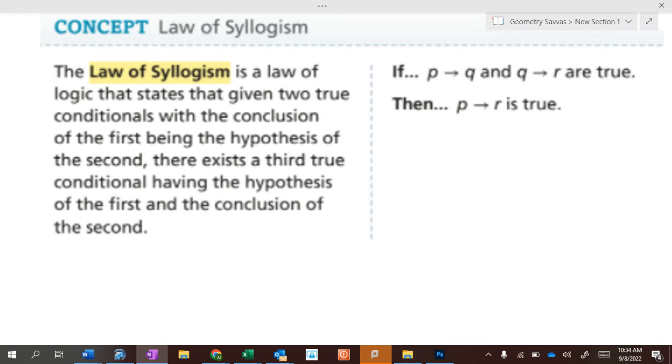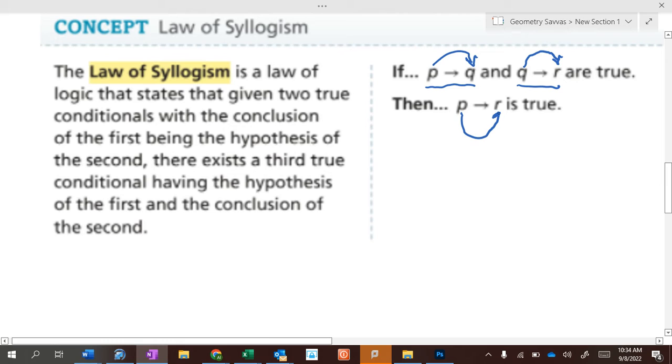All right, the law of syllogism. If we have two conditional statements that are both true, and the first thing leads to a second thing, and that second thing is the hypothesis of the second statement, and it leads to a third thing, then we know the first thing must lead to the third thing. So if A leads to B and B leads to C, then A must also lead to C.